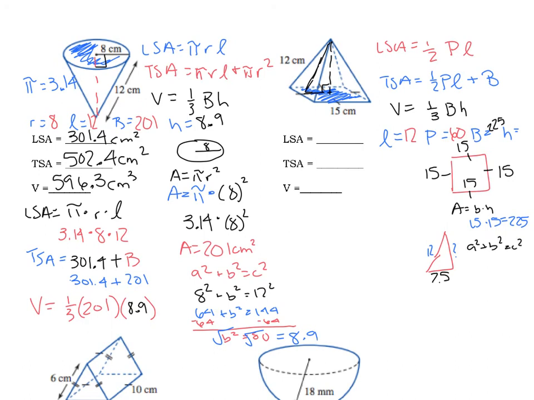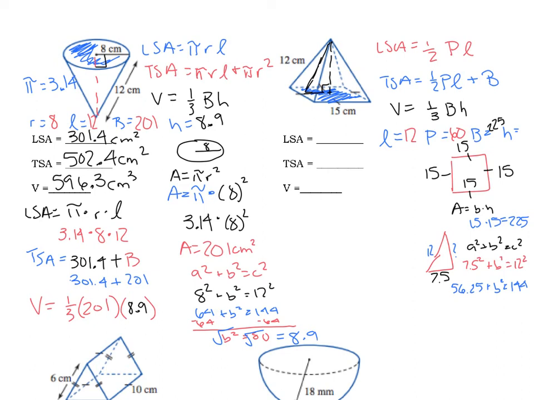So when I plug that in, I get 7.5 squared plus b squared equals 12 squared, since we actually already know that. So 7.5 squared is 56.25 plus b squared equals 12 squared, which is 144.